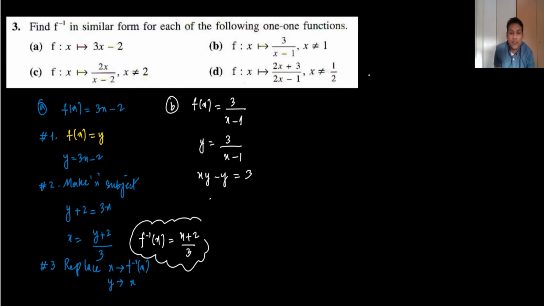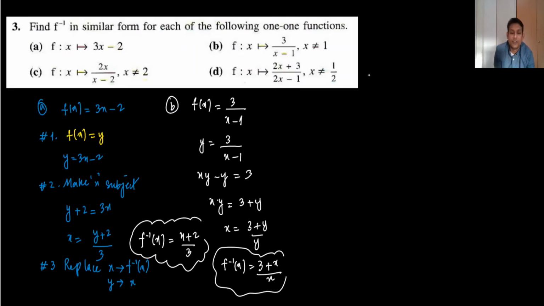Then xy is equal to 3 plus y, and x is equal to 3 plus y upon y. Now step 2 is done. Step number 3 is what we replace. So this will become f inverse, and y will become x, in both the positions. So this is the inverse of part B.